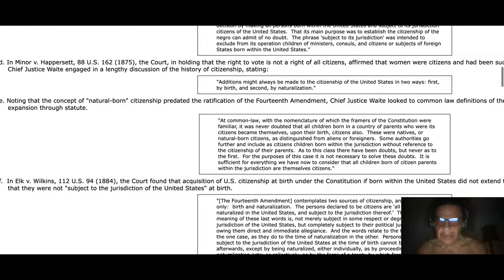Wow. Look at that. Look at that. Additions might always be made to the citizenship of the United States in two ways. First, by birth, and second, by naturalization. Then, if you look at the work of Brandon Joe Williams and several others, naturalization, you can naturalize yourself.